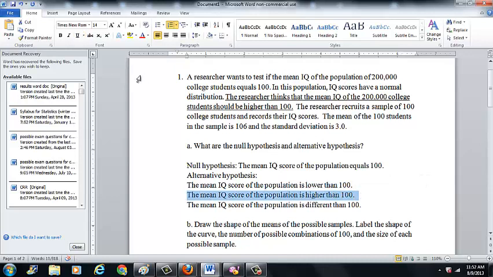The researcher wants to support the claim that the mean IQ score is higher than 100. So this would be the alternative hypothesis in this question. And you wouldn't have to write out these other two. I would just want you to write out this version of the alternative hypothesis right here.